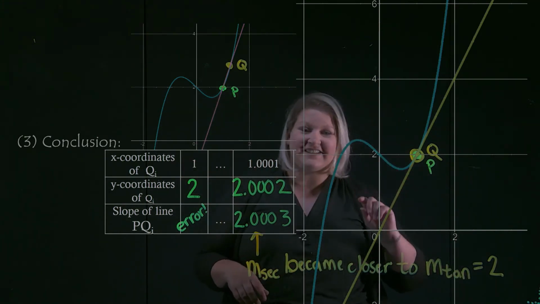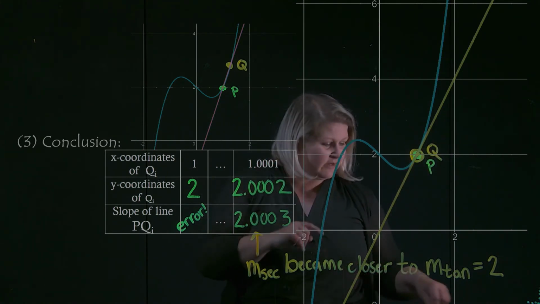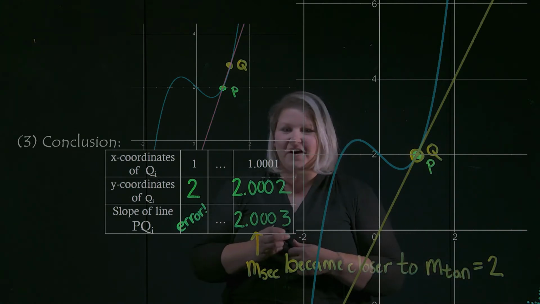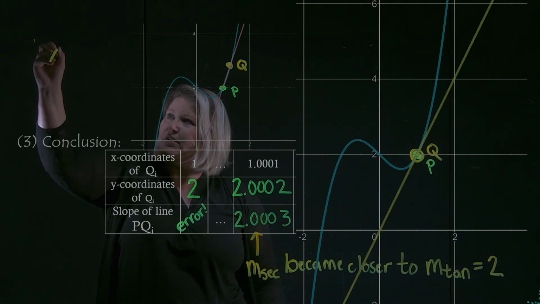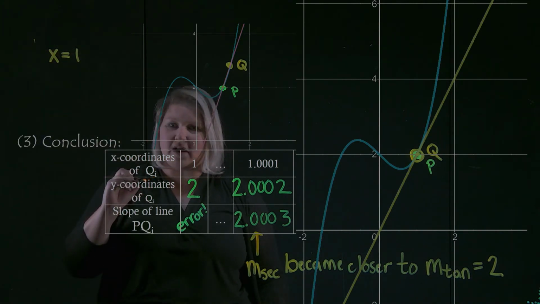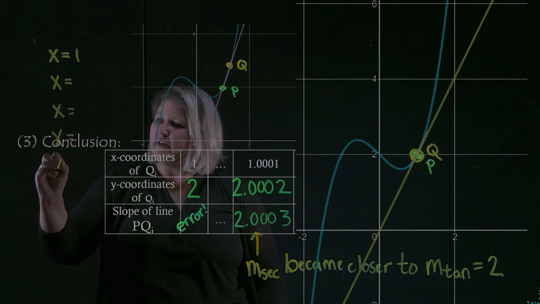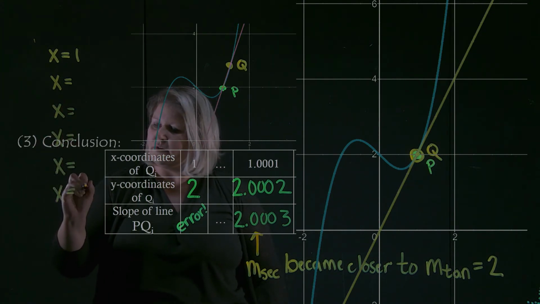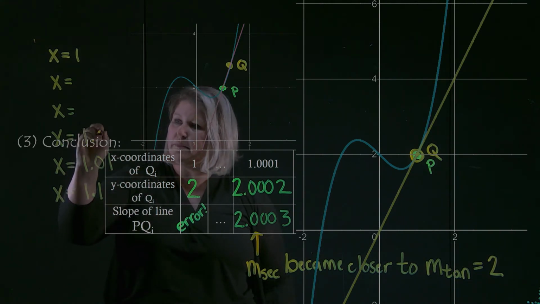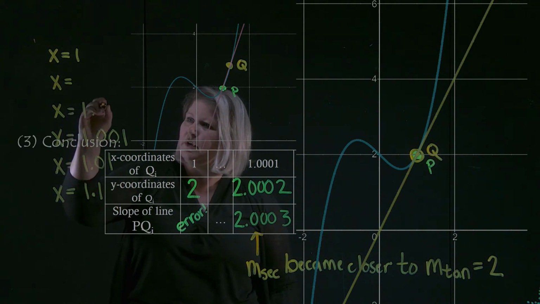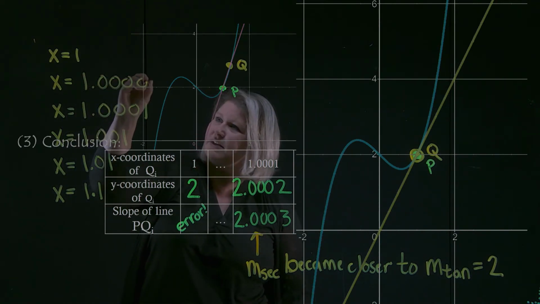Now keep in mind, when we move Q closer, basically what we keep doing is adding zeros. So, for example, if my original x-coordinate is 1, then I'm going to move it as close as possible: 1.1, 1.01, 1.001, 1.0001, 1.00001.